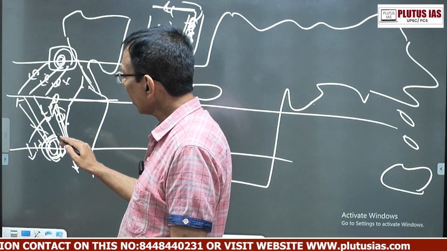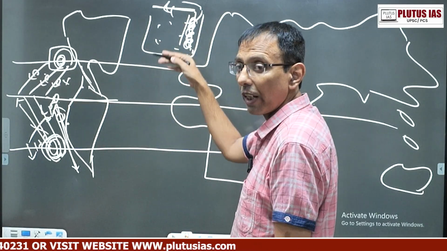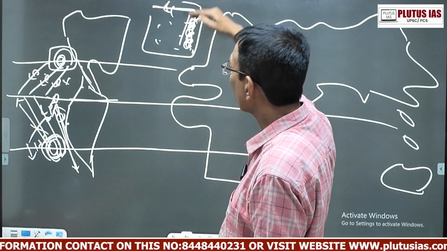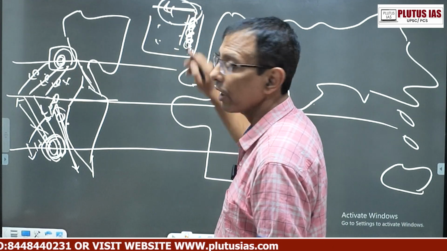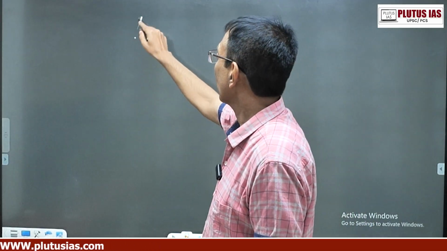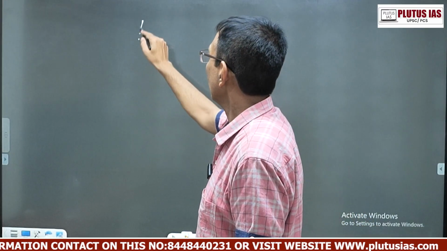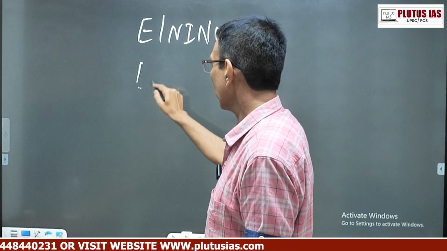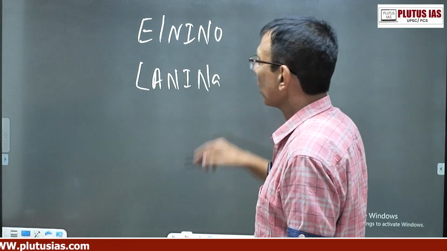But the year when El Nino disappears, there is strengthened upwelling of cold water from the bottom in the form of La Nina current, right? So we have El Nino current and La Nina current.